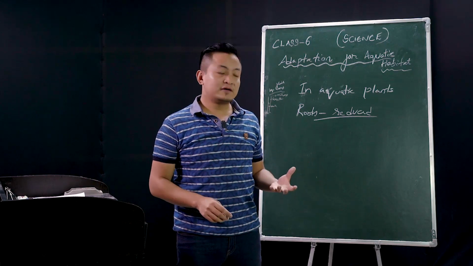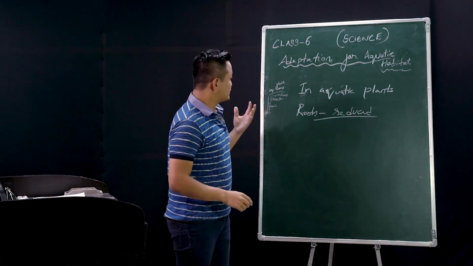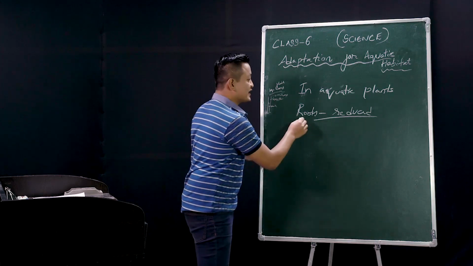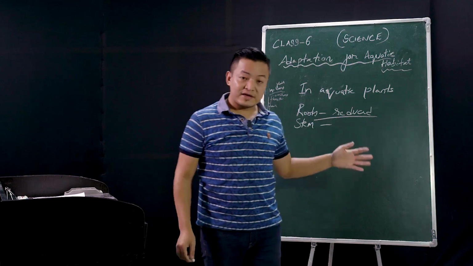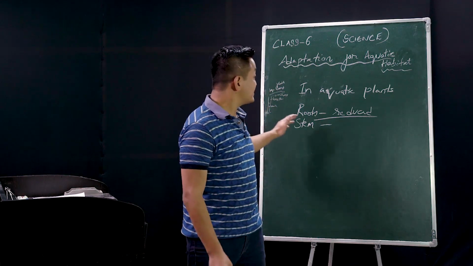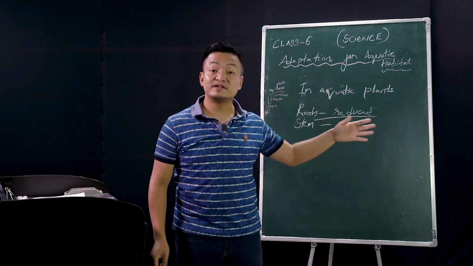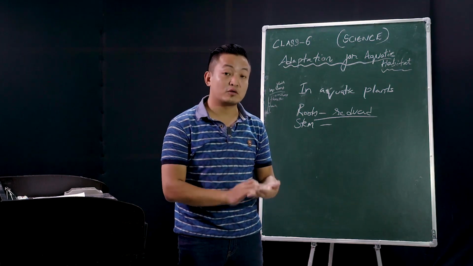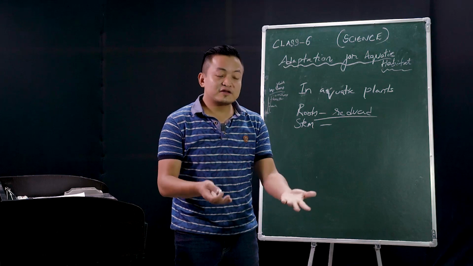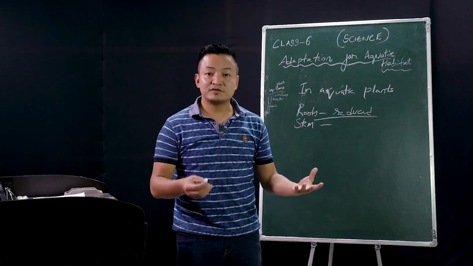Clear? Now about the stem, this is important. The stem of aquatic plants is thin and long. Why do they have to be thin and long? Because inside the water there will be a water current, right?